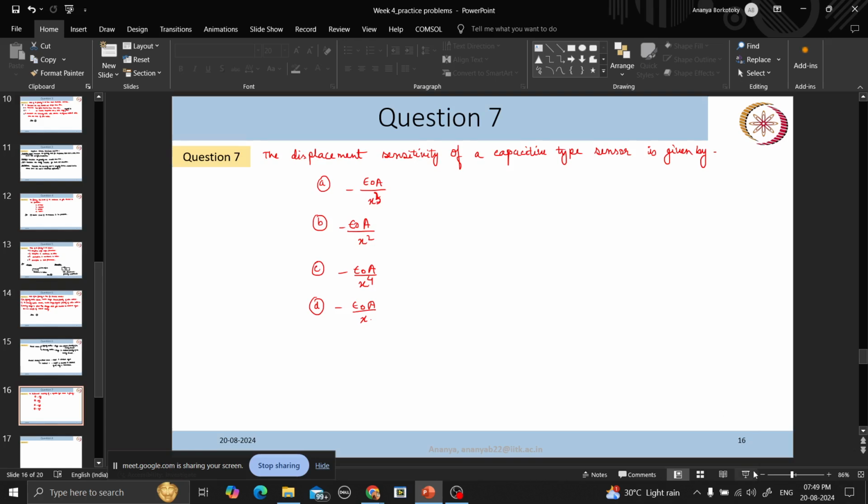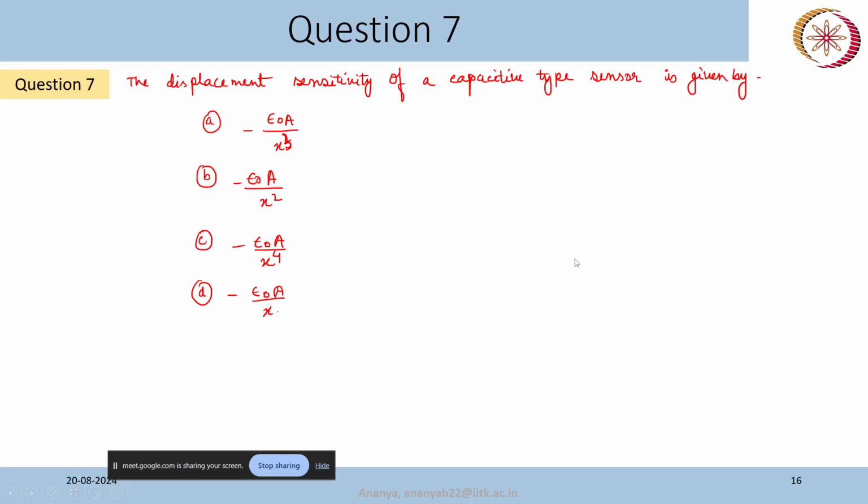This question is on parallel plate configuration of a capacitor. So this is a parallel plate configuration, right? We apply a voltage here, and this is ground. This is the distance. As per the notations given in the options, I am taking it as x. This is our input. X is the displacement.